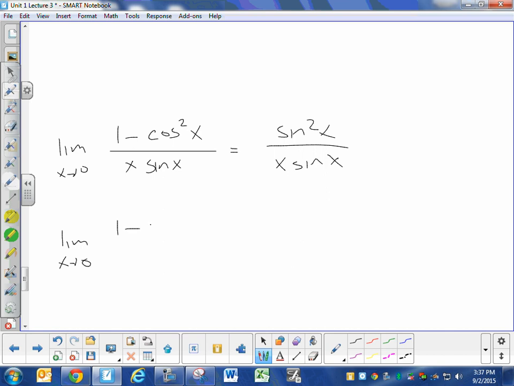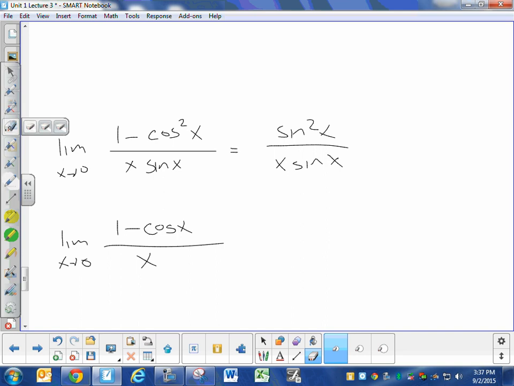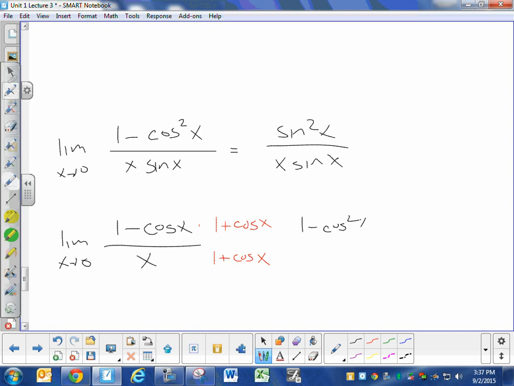And now this one, actually, that was on the top of our notes, we actually can do analytically. You can't really simplify it just by looking at it and moving things around because you have addition. But you can multiply by the reciprocal here, not the reciprocal, the conjugate. Giving you 1 minus cosine squared over x times 1 plus cos squared.